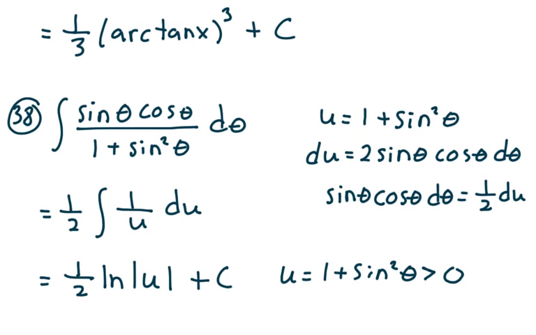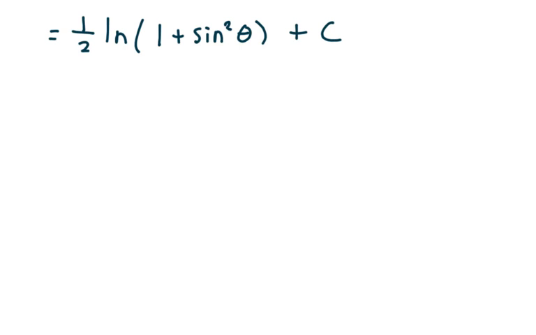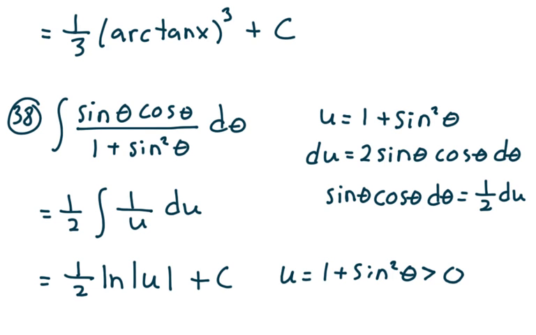So when I replace u with 1 plus sine squared theta, I don't need to have the absolute value bars. So the correct answer here is 1/2 natural log of 1 plus sine squared theta plus c. I hope that makes sense. I don't need absolute value bars because 1 plus sine squared theta is always going to be positive. And that was problem number 38.